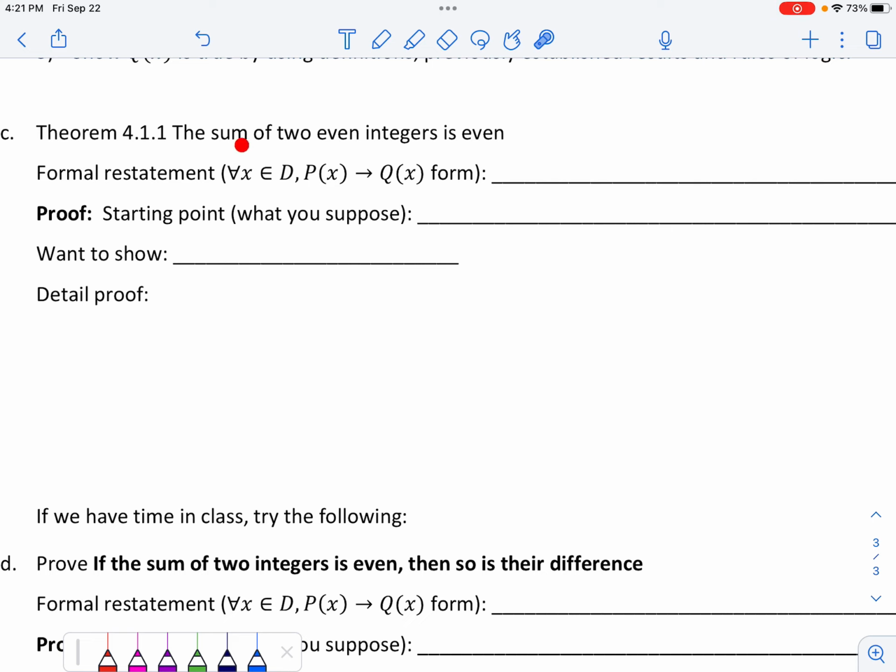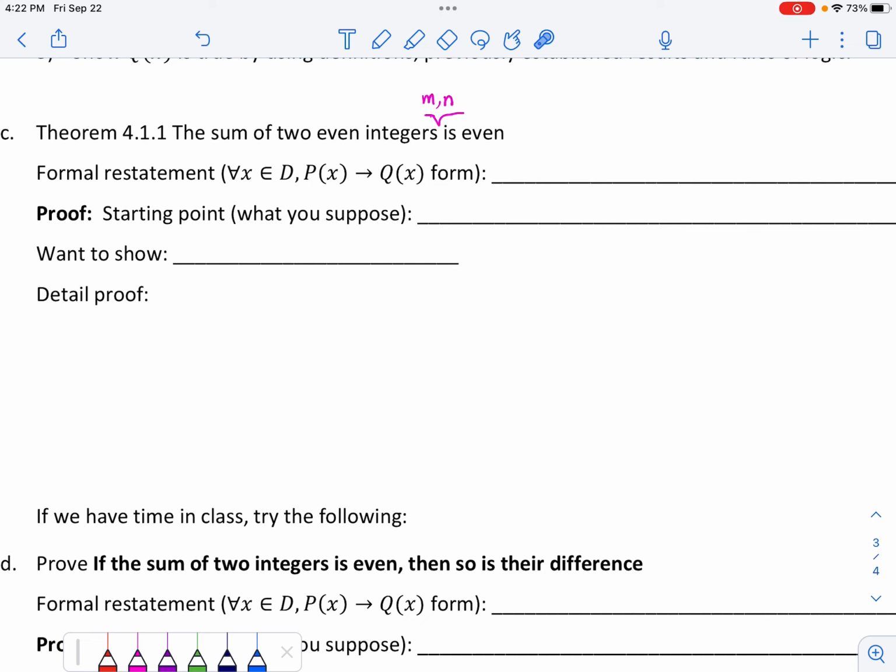It says the sum of two even integers. Well, I see even integers, so this is a really good place for me to introduce variables. I'm going to call them m and n. Then it says the sum of two. This "two" doesn't specifically say which two, so it's pretty generic.